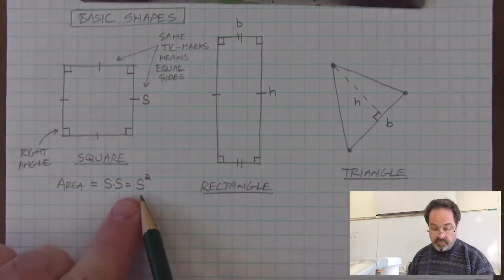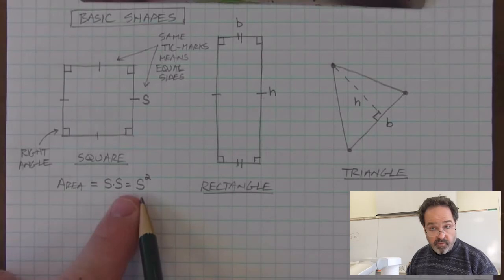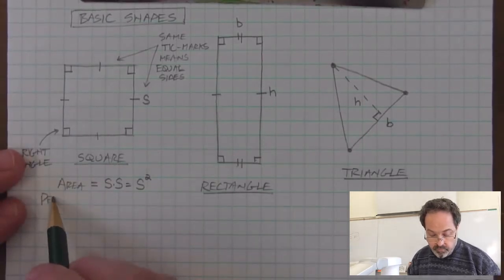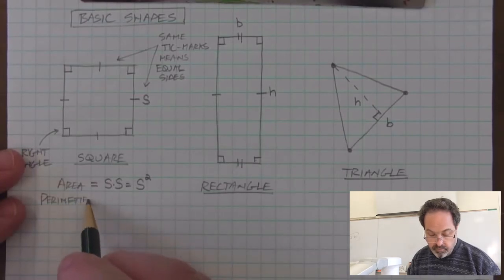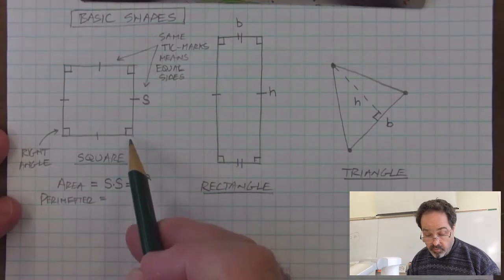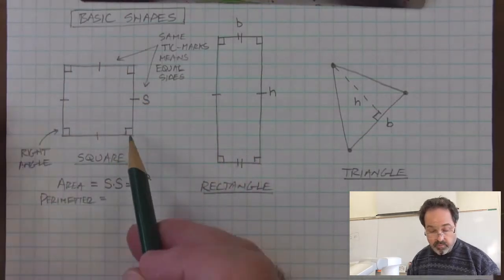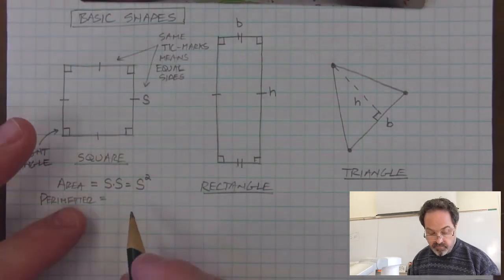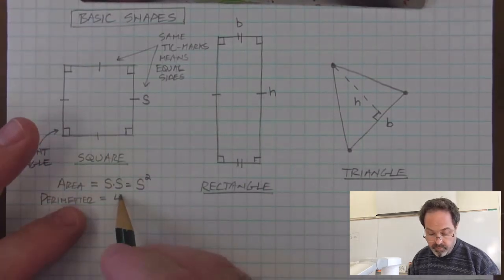And we want to remember that this is an S and not a 5. A square's perimeter being the idea of the distance around the shape, or the sum of all the sides of a shape. The perimeter of a square can be a formula: 4 times the side length.